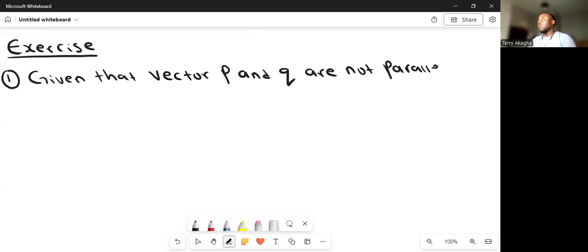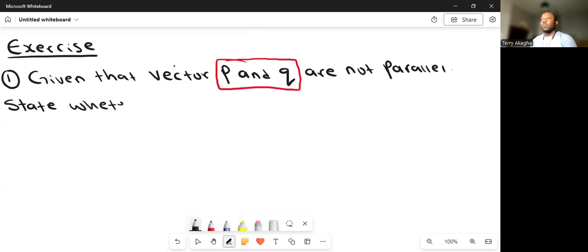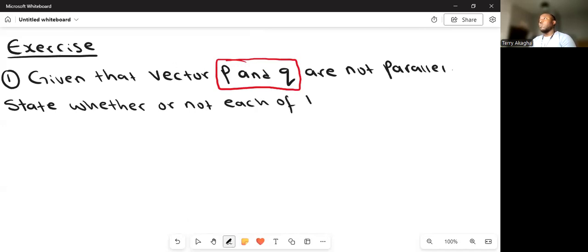Okay? So we have vector P and Q. These two vectors we have here are not parallel. Now, the question is they want you to state whether or not each of the following pairs of vectors are parallel.